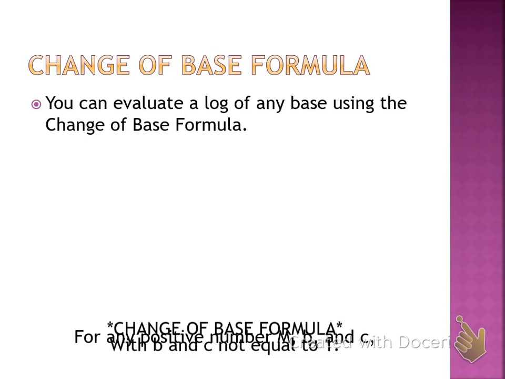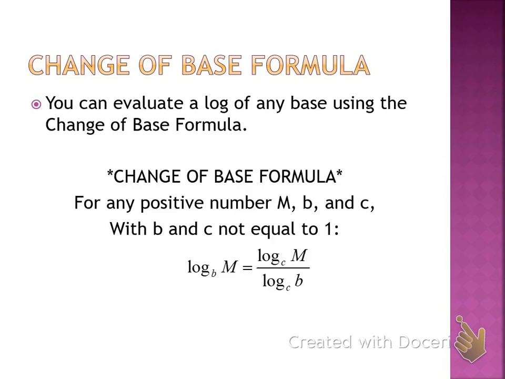Here it is. For any positive numbers M, b, and c, with b and c not equal to 1, log base b of capital M is equal to log base c of capital M divided by log base c of b.